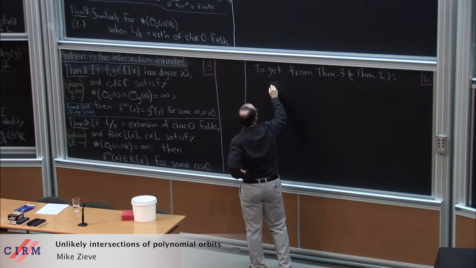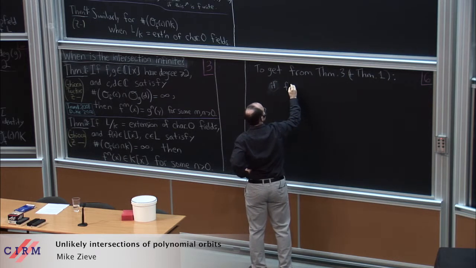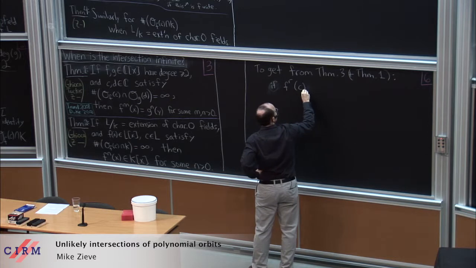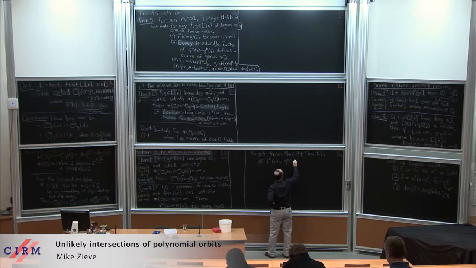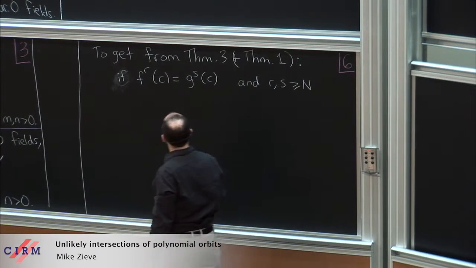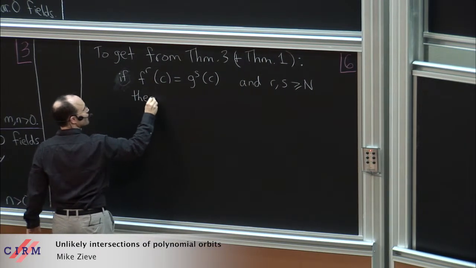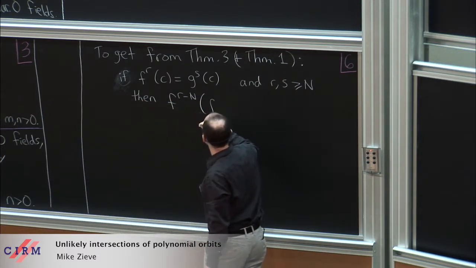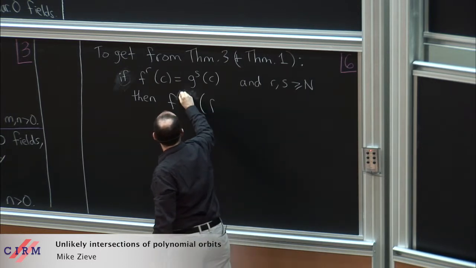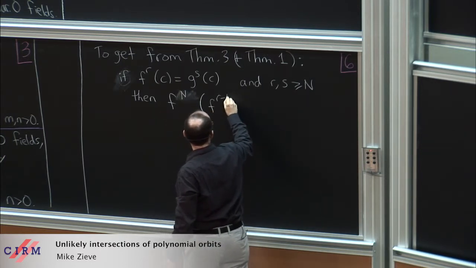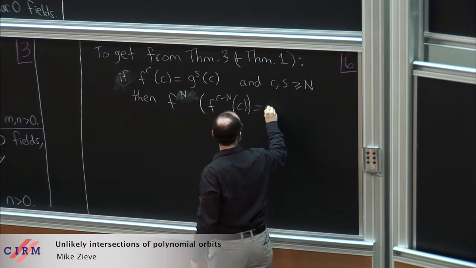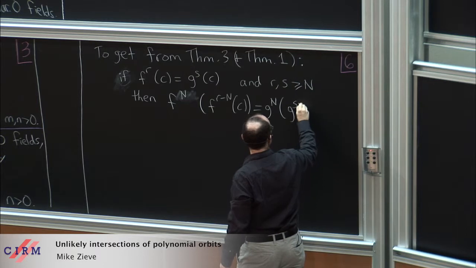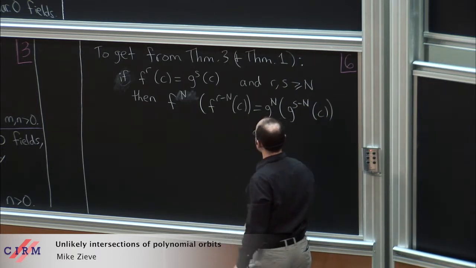So the key point is that if you have f^r(c) equal to g^s(c), and r and s are at least n, then f^n(f^(r-n)(c)) equals g^n(g^(s-n)(c)).